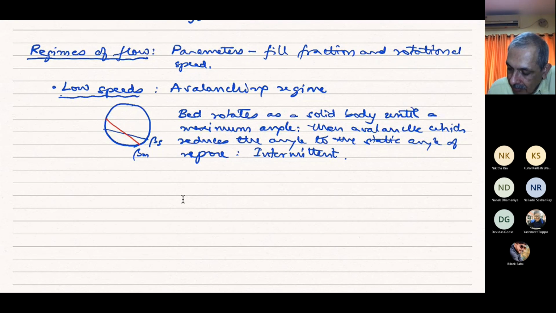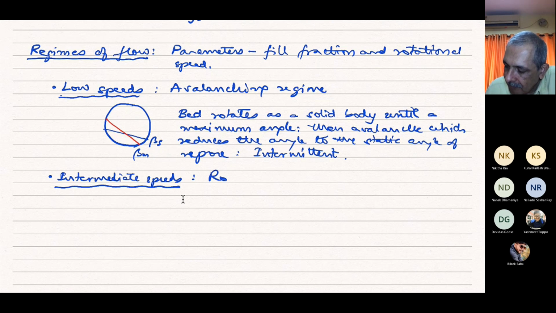Then at intermediate speeds you have what is known as a rolling regime, and here you have a nice continuous flow.